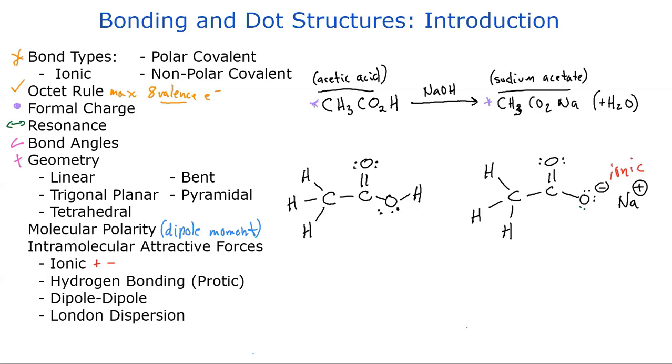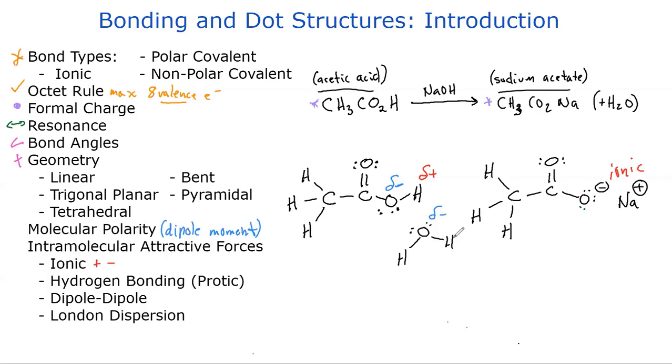Let's recall that hydrogen bonding is the interaction created by a very polar bond, which would be a bond between a hydrogen and a highly electronegative element like an oxygen or a nitrogen or even a fluorine. Now, because fluorine only makes one bond typically, that's not going to be as important for us because we're typically looking at molecules that are more complex, but you learned in chemical principles, so it's worth mentioning.